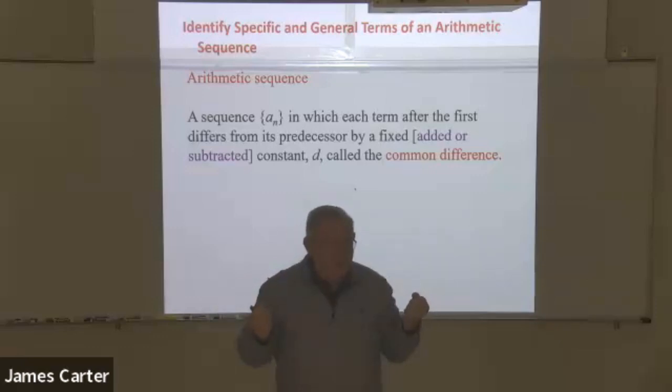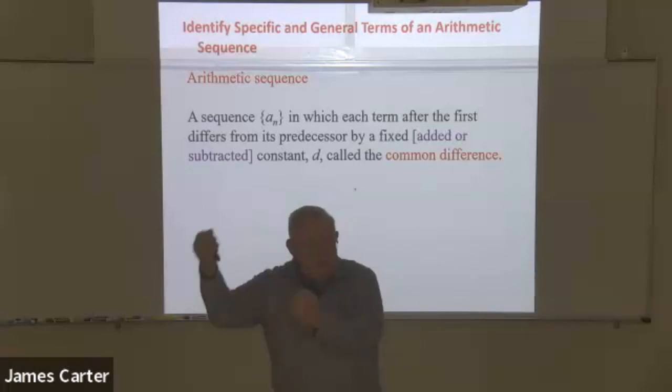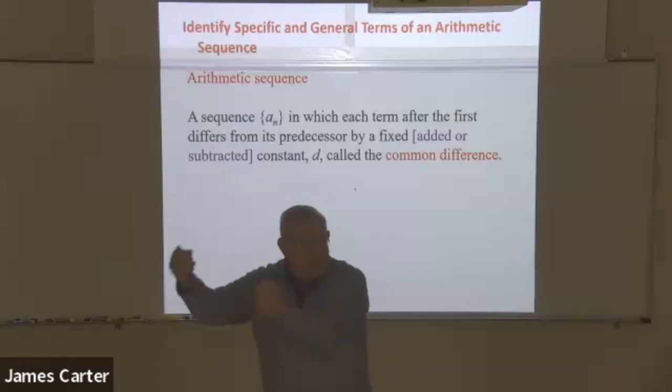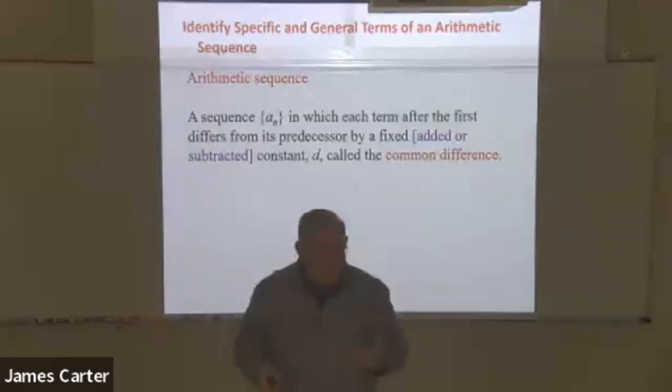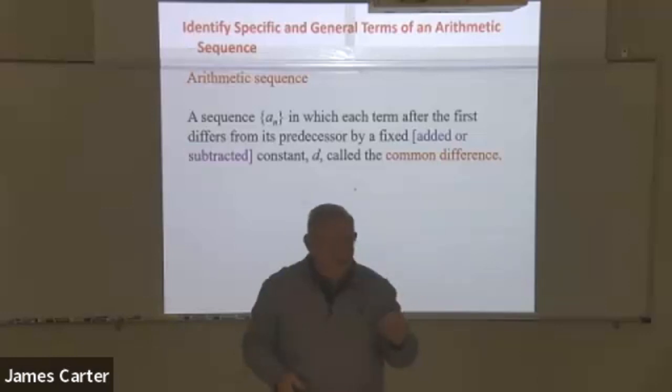Let's say 3. So 5 plus 3 would make my second term 8. Then in turn, my third term would be 8 plus 3, or 11. And my fourth term would be 11 plus 3, which is 14, and so on and so on. They have what we call a common difference.